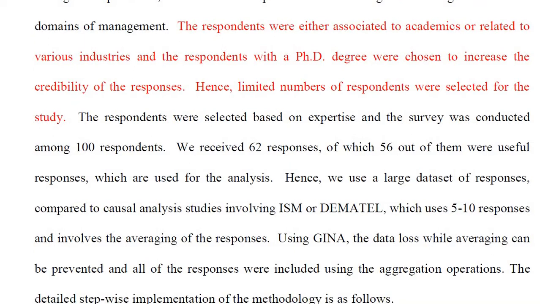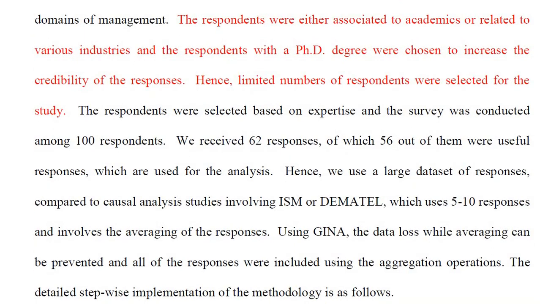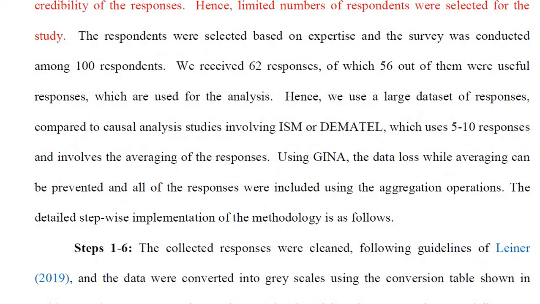So 56 responses we finally got, and it is very difficult to implement any ISM or MICMAC model with 56 responses. Because we are averaging the responses, there will be no use, because it will not be the response recorded by respondent 1, or by the 56th respondent.